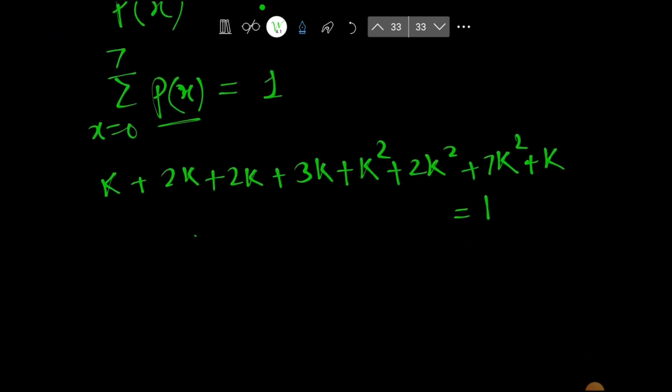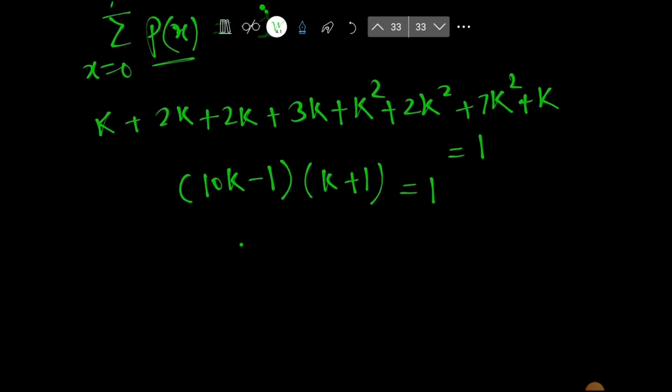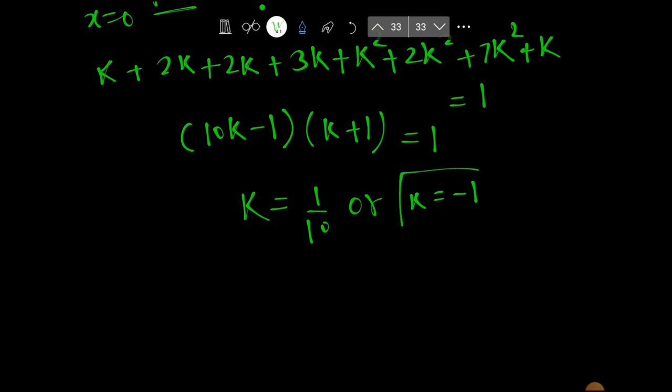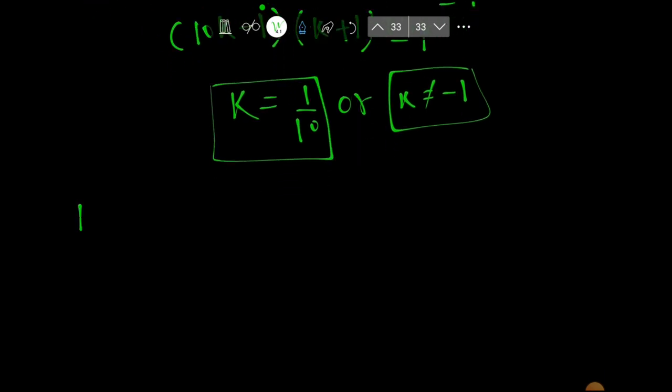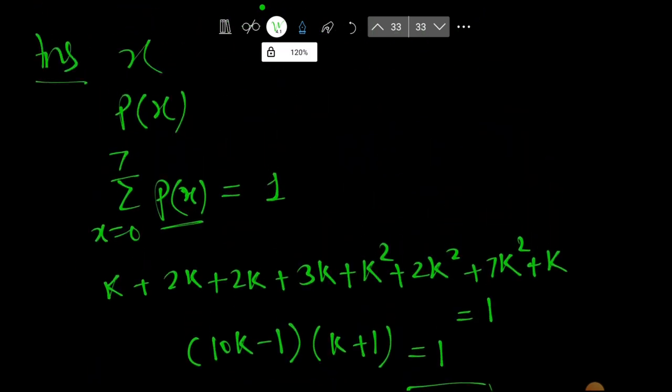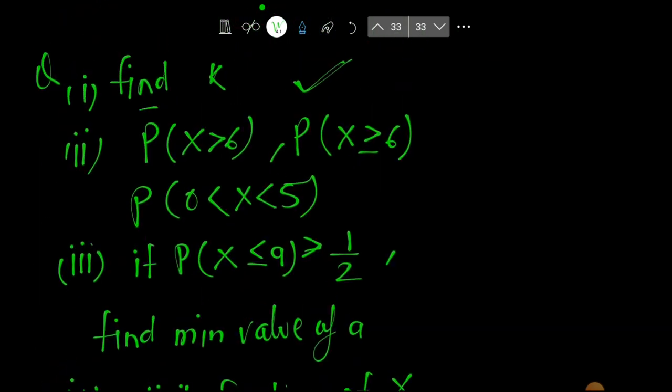After simplification, we find that k is equal to 1 by 10 or k is equal to -1. k equal to -1 is not possible because the probability cannot be negative, so the answer is k is equal to 1 by 10.